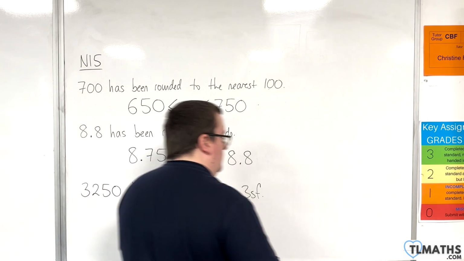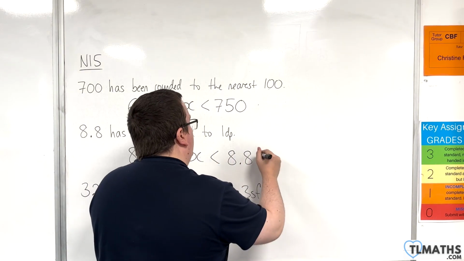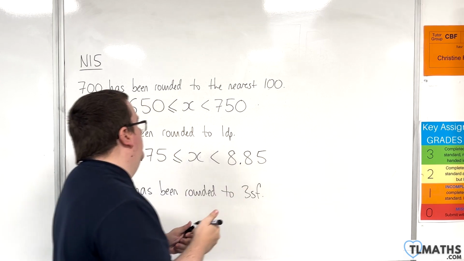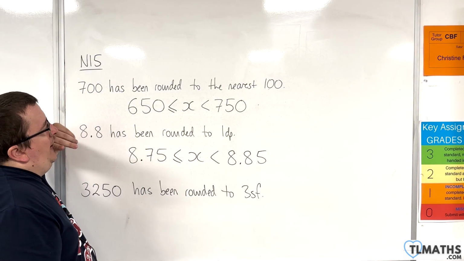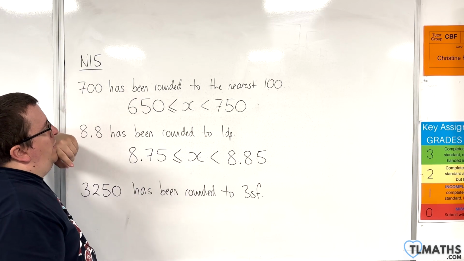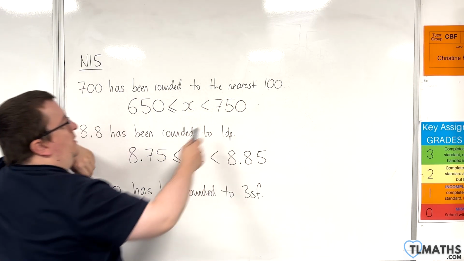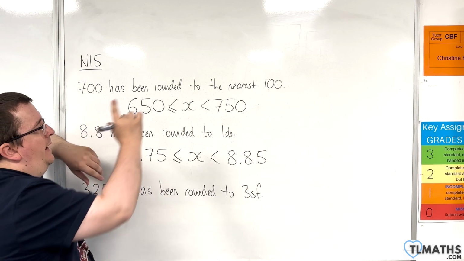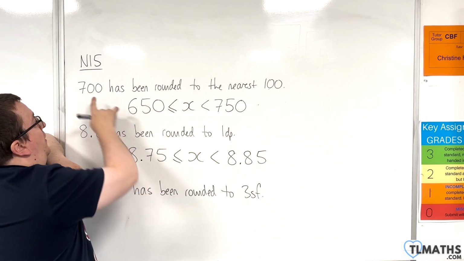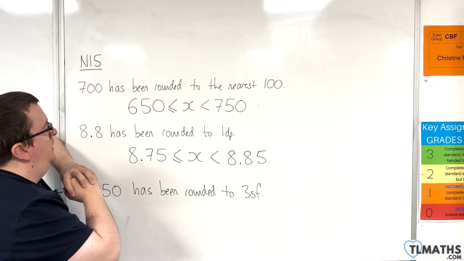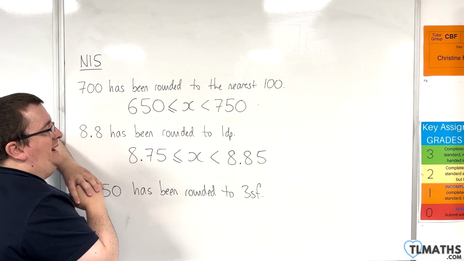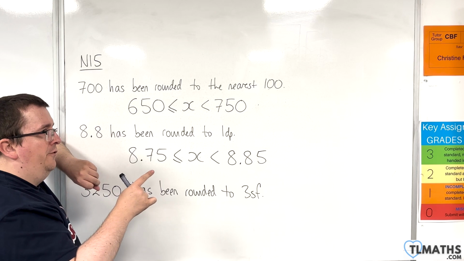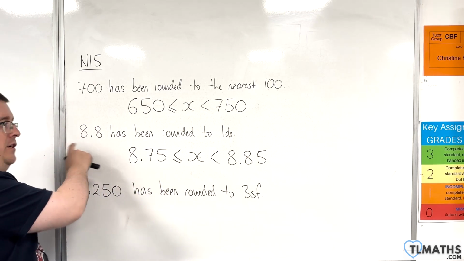So we go 8.85. Now, can you see that in the first case, we were rounding to the nearest 100, so the answer is 50 either side of the 700. Here, we're rounding to 1 decimal place, so we need to be 0.05 either side of the 8.8.